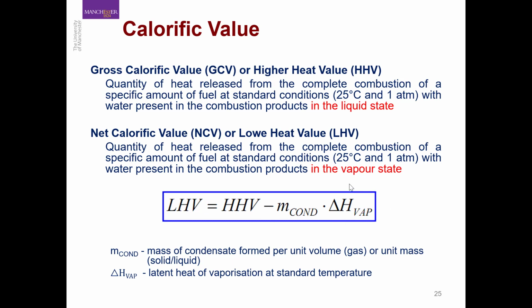This is the amount of energy that you need to provide to this liquid to change its state from liquid to vapor, and as such you are using some of the heat from the combustion of the fuel, and that is why your net heating value would be lower than your gross heating value.